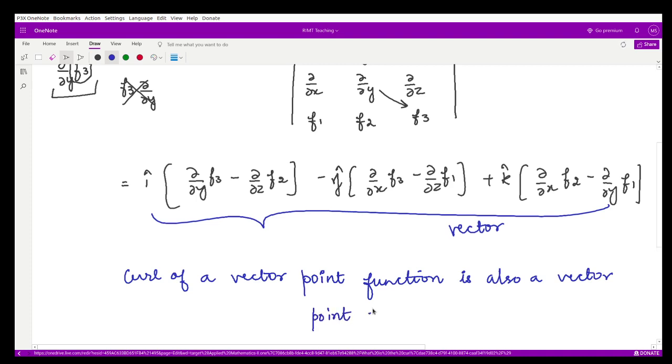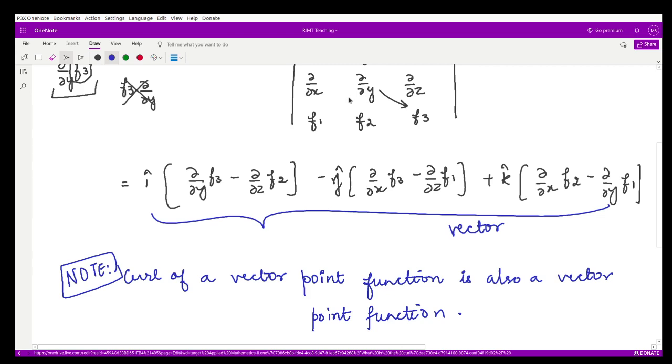If you remember, we earlier took the gradient of a scalar quantity, and that comes out to be a vector, and we took the divergence of a vector quantity, and that came out to be a scalar. But in this case, we perform the curl of a vector quantity, and that comes out to be a vector, right?